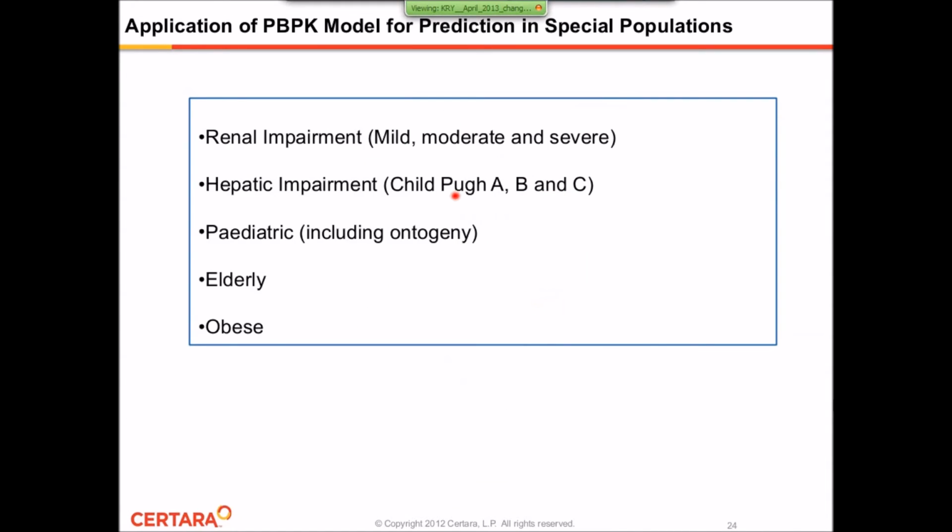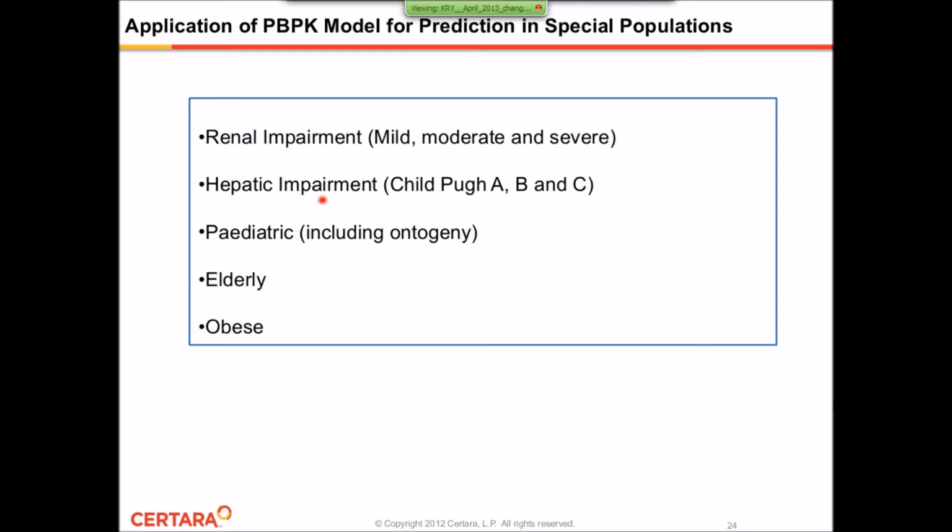So in other words, we can simulate what happens in a renally impaired population, mild, moderate, and severe, because we know that renal clearance is impacted. We also know that circulating uremic toxins impact CYP enzyme activity and transporter activity, and that there are changes in the binding of a drug as well.